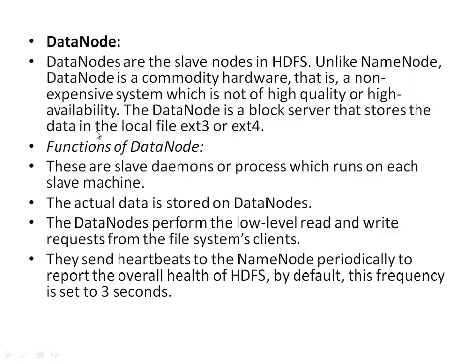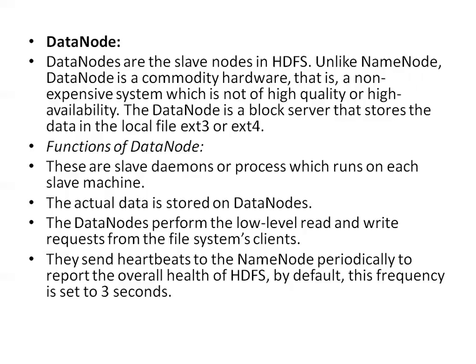Data nodes are slave nodes, as we just discussed. The function of the data nodes is data storage, and they always give an intimation to the name node. Every 3 seconds, a data node sends a response to the name node that it is still alive.